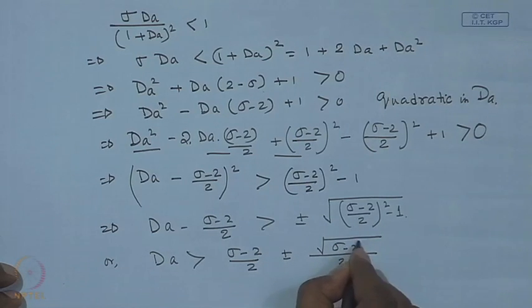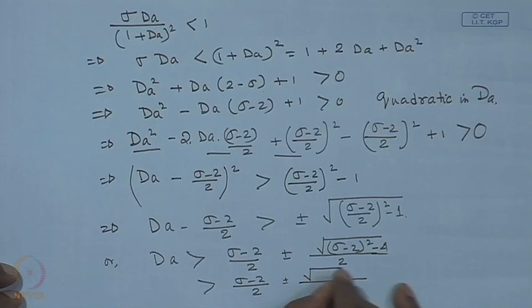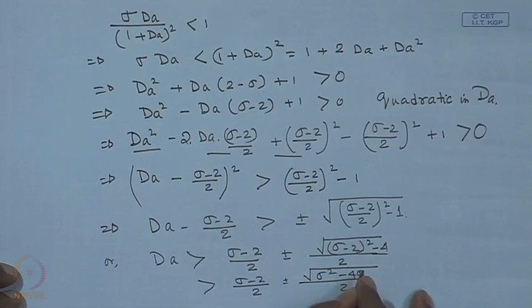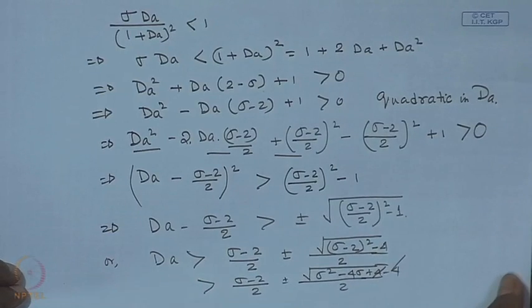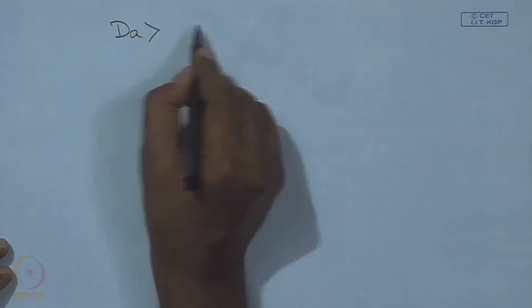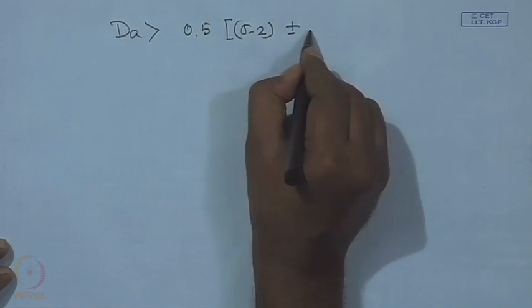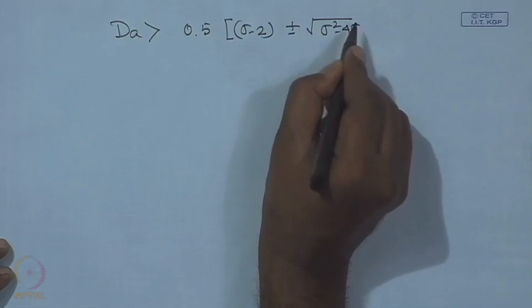So, this will be sigma minus 2 whole square minus 4. If you simplify, it will be sigma minus 2 by 2 plus or minus the root of sigma square minus 4 sigma plus 4 minus 4; the plus 4 and minus 4 cancel out, and you get a very simple and amenable form of dA, which becomes greater than 0.5 times sigma minus 2 plus or minus the square root of sigma square minus 4 sigma.